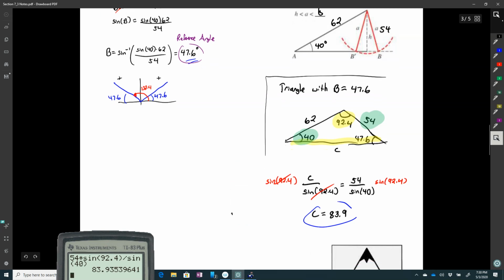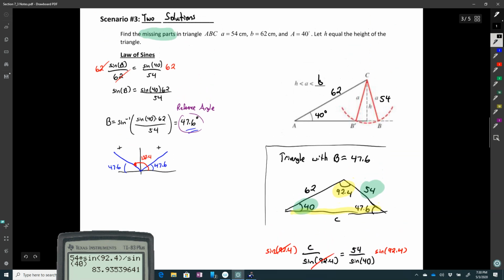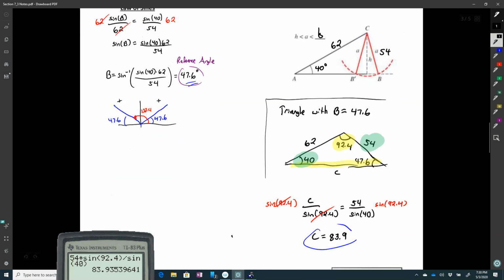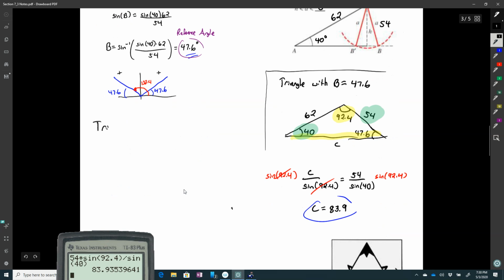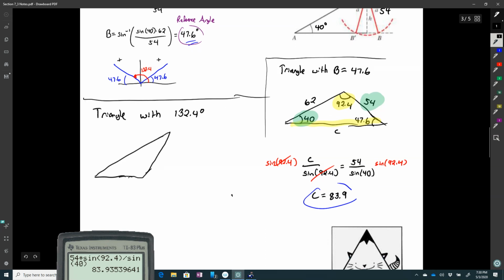All right. So that's the triangle with 47.6. The other triangle was 132.4. And so this triangle looks a bit different. This triangle looks more like that, where we know this is 62.